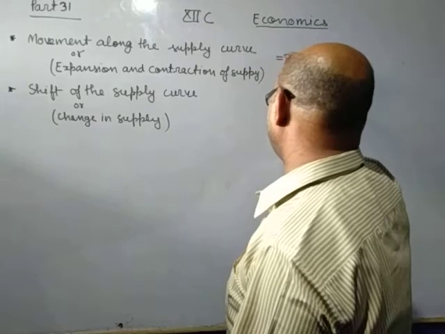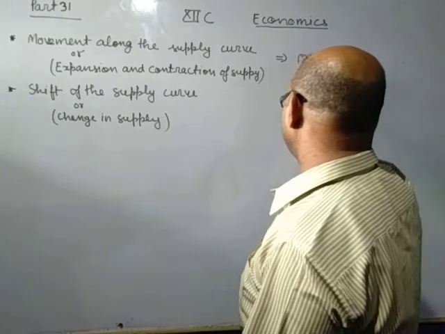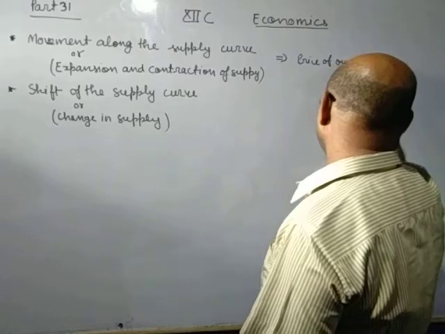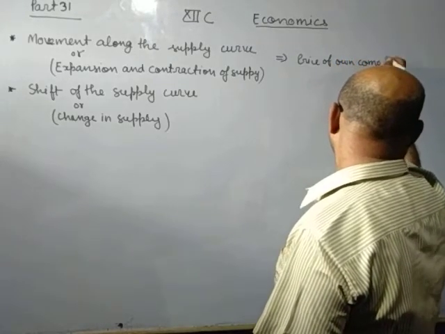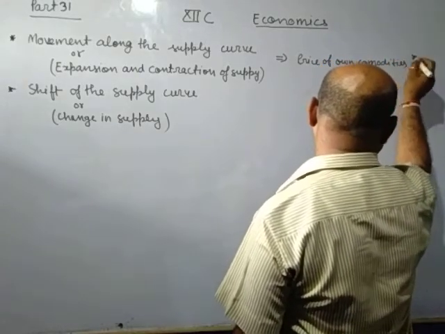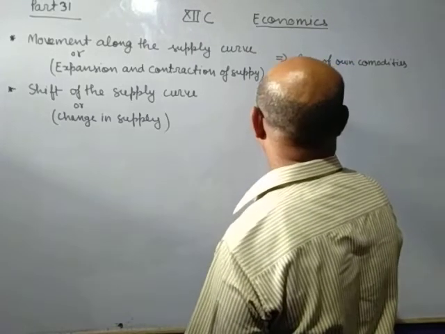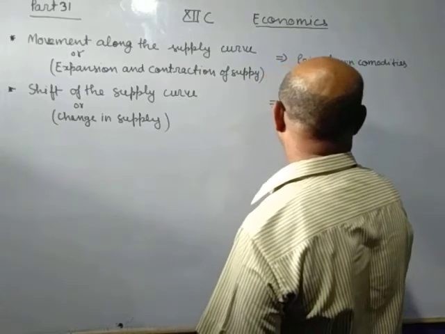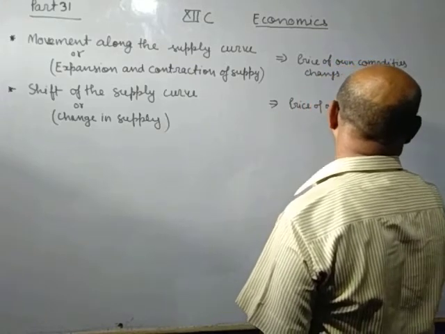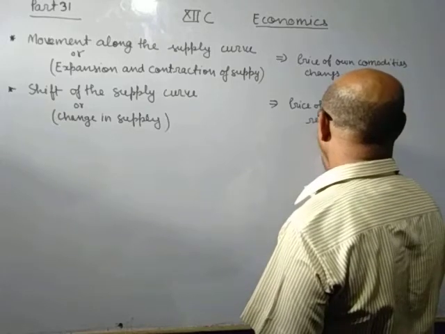So keep in mind, in movement along the supply curve, the price of the own commodity changes, but in the shift of the supply curve, the price of the own commodity remains the same.